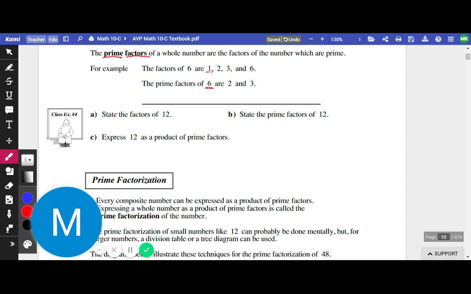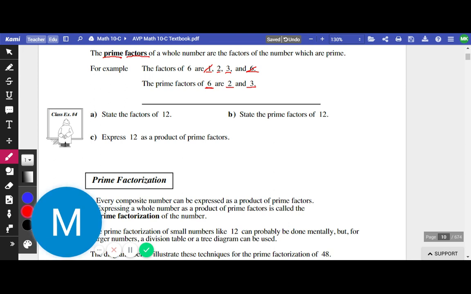It can be divided by 1, 2, 3, and 6. But it only has 2 prime factors. So if you look at these numbers, 1 is not prime, 2 is prime, 3 is prime, 6 is not prime. So I would say the prime factors of 6 are 2 and 3. Right? Those are the prime numbers that could divide into 6.